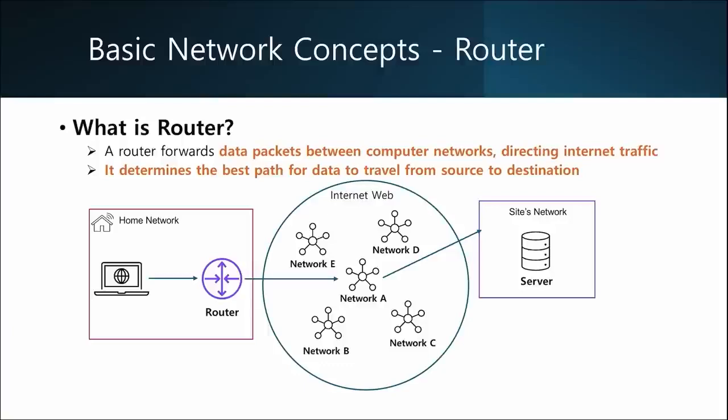The router looks up its routing table based on this information. The router determines the optimal path through its routing table and then forwards the packet to the next stop. This process is repeated until the packet reaches its destination. Additionally, routers periodically update their routing tables to maintain up-to-date route information.